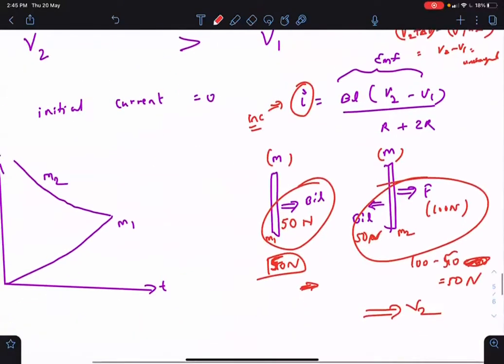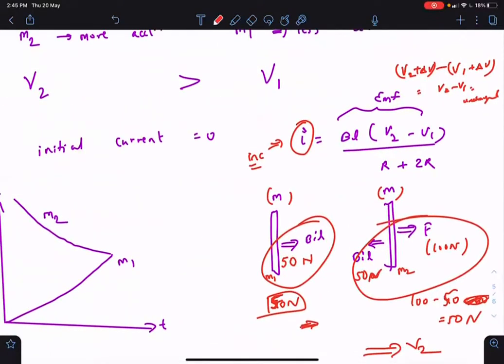And if the current remains unchanged, the force remains unchanged, and the acceleration remains unchanged. The same acceleration will again give the same increase in velocity, which will give an unchanged difference between the velocities, which will give the same current. So this cycle will keep repeating.